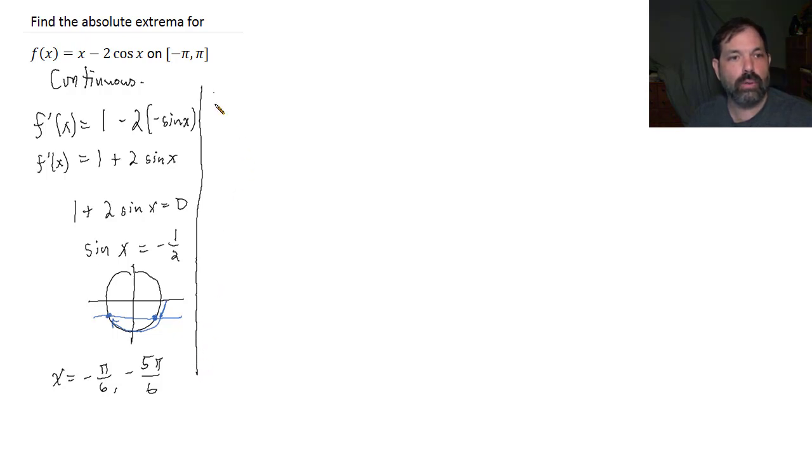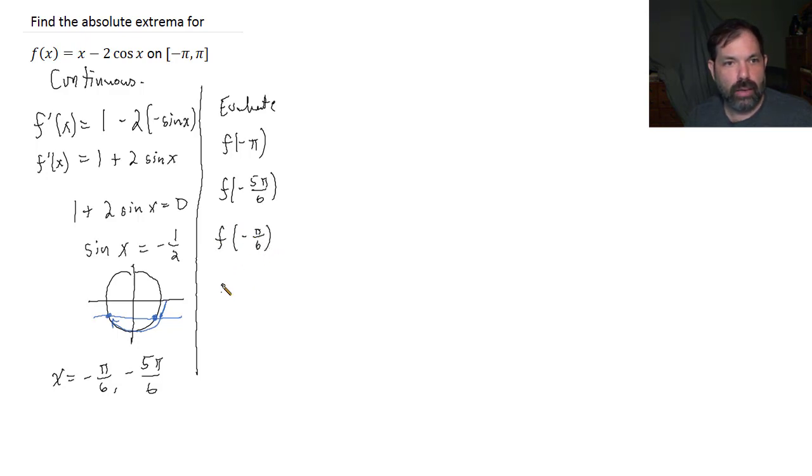All right, so we'll need to evaluate f of negative pi, f of negative pi over 6. Let's go in numerical order, so it would be negative 5 pi over 6 here, then negative pi over 6, and f of pi.